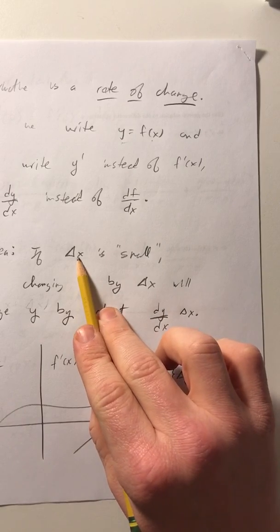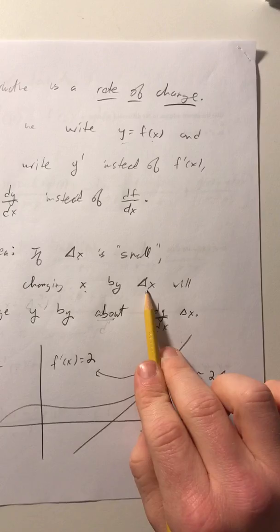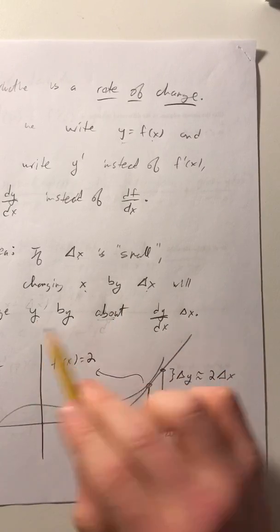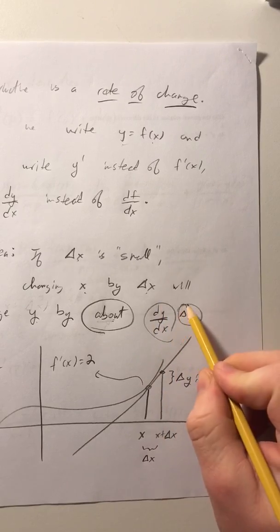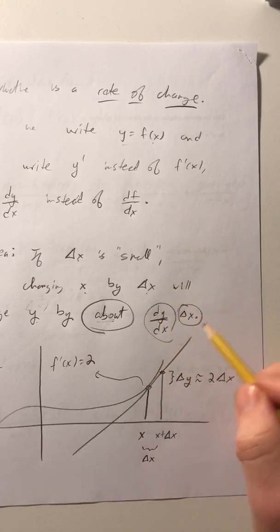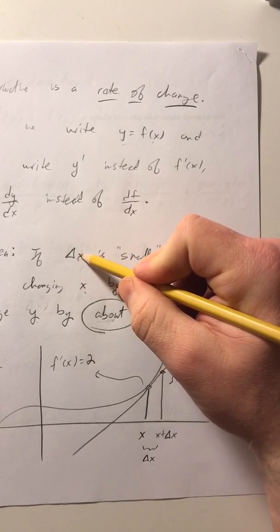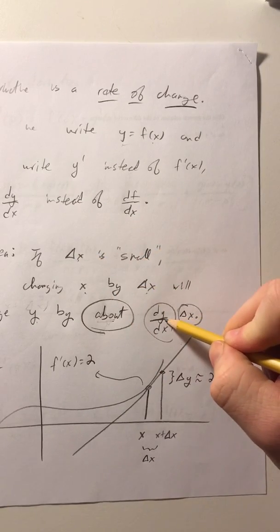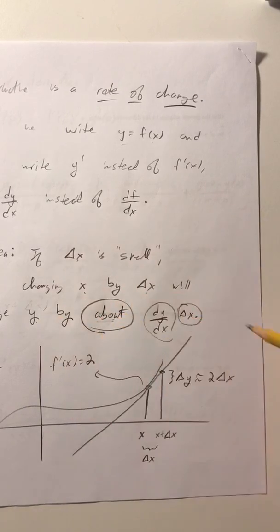If I change the input x by this small amount, the corresponding change in y will be about the derivative times the amount. So this is what we know rates do. This is a rate. I take the amount that I changed x, multiply it by the derivative, and that gives me approximately the change in y.